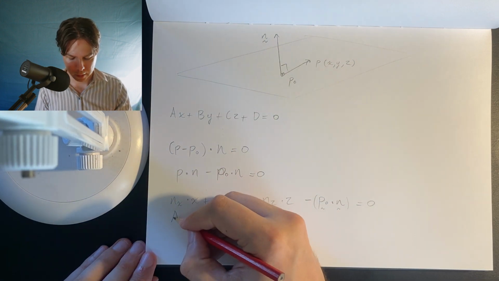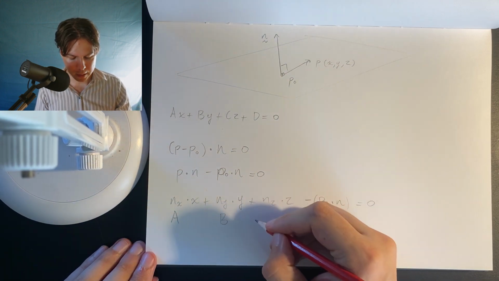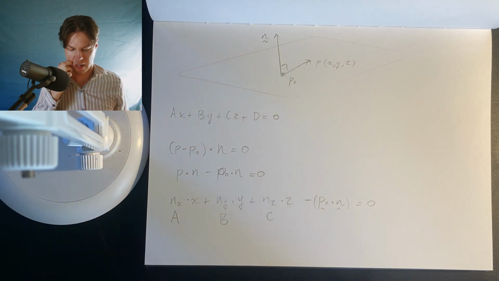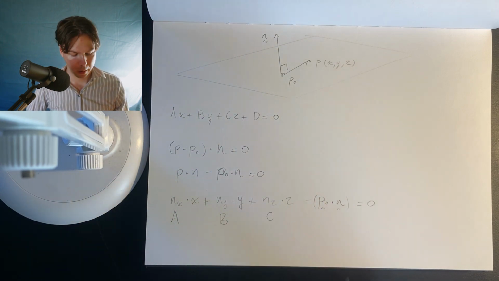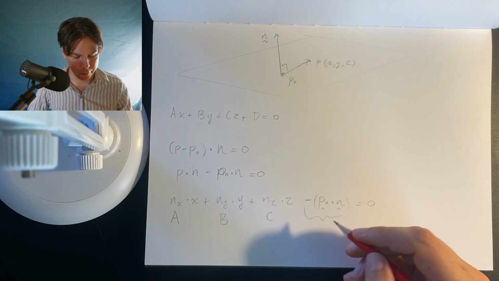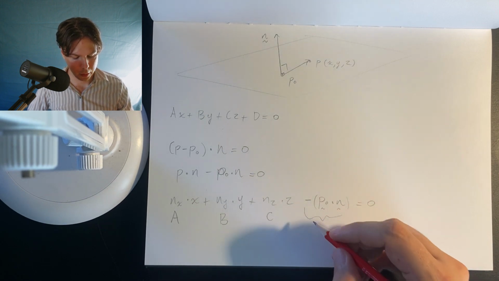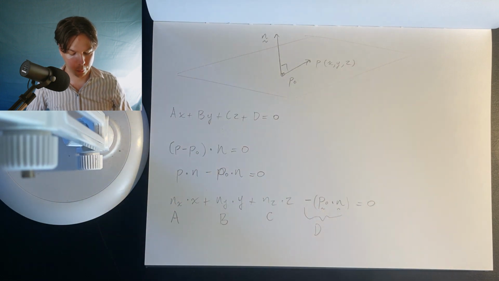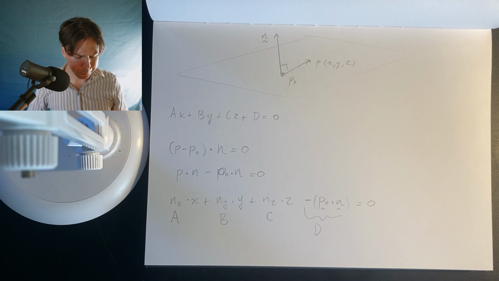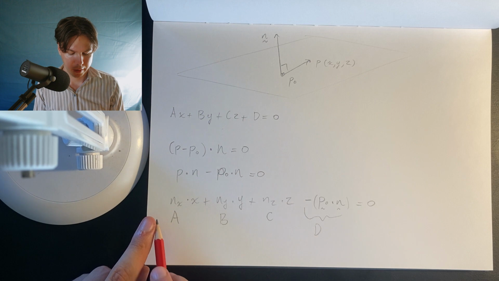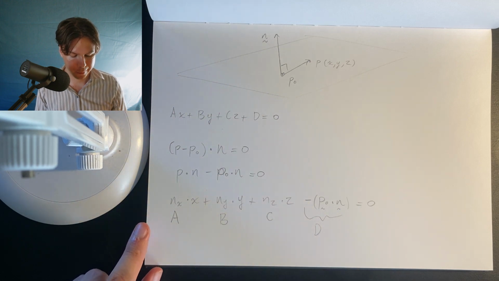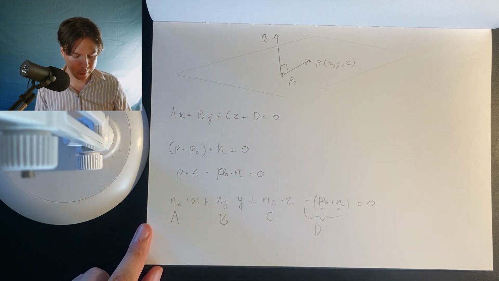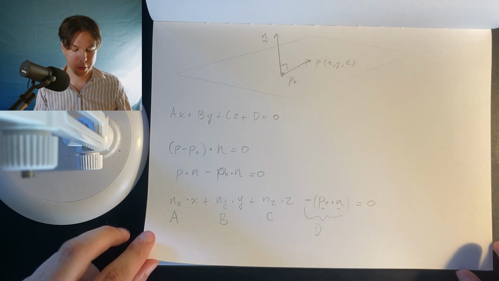And so we can see that the A, B, and C coefficients are the components of the normal, and we can take this dot product and define negative that dot product as the component D. So yeah, there we have it. For a given normal and point, these are the expressions we can use to get the plane coefficients.